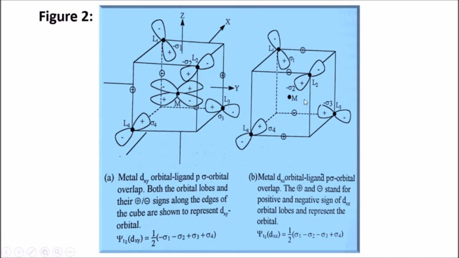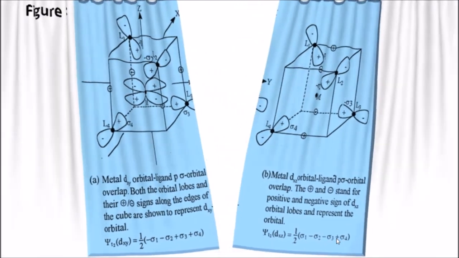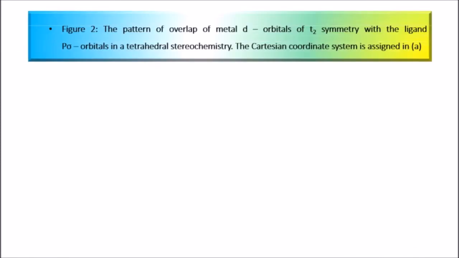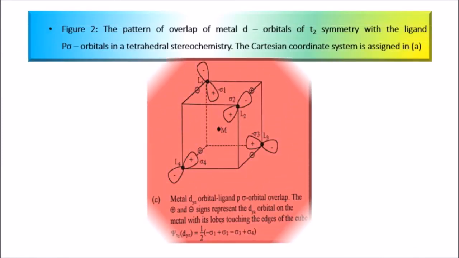Here you need to assume that instead of dxy it is dxz, and in this dxz this kind of interaction is there: sigma 1, sigma 2 minus, sigma 3 minus and sigma 4 plus. So figure 2 will indicate the T2 symmetry for dxy and dxz. Now this is the T2 symmetry for dyz. In picture C we have the T2 symmetry for dyz.